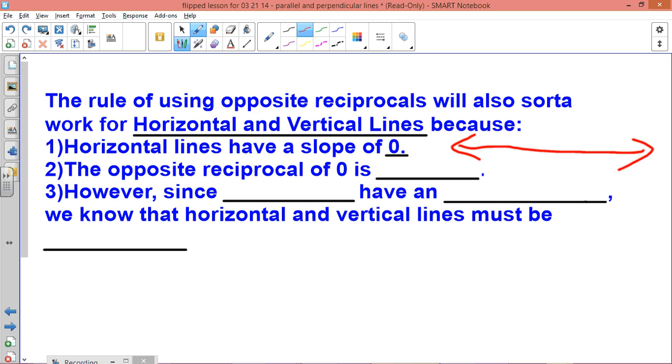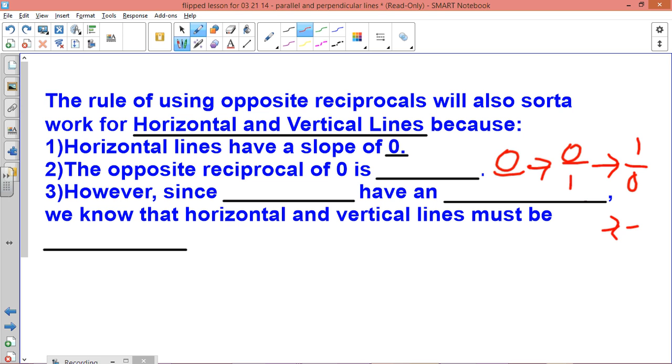The slope is 0 because you're not going up and you're not going down. 0 as a fraction is 0 over 1, say. And then when I take the negative reciprocal, I get negative 1 over 0.